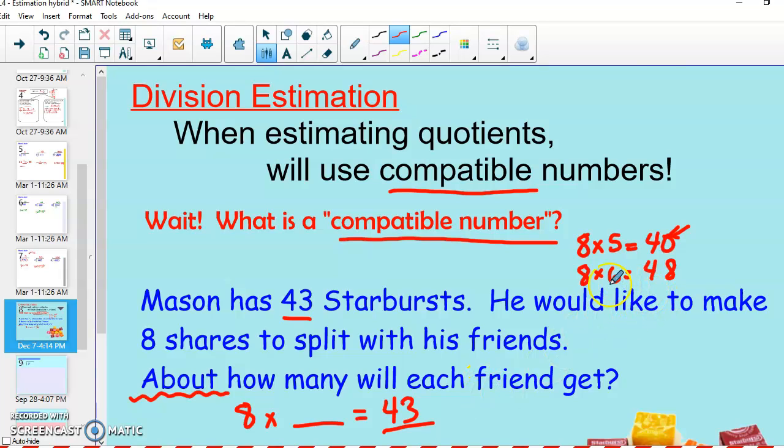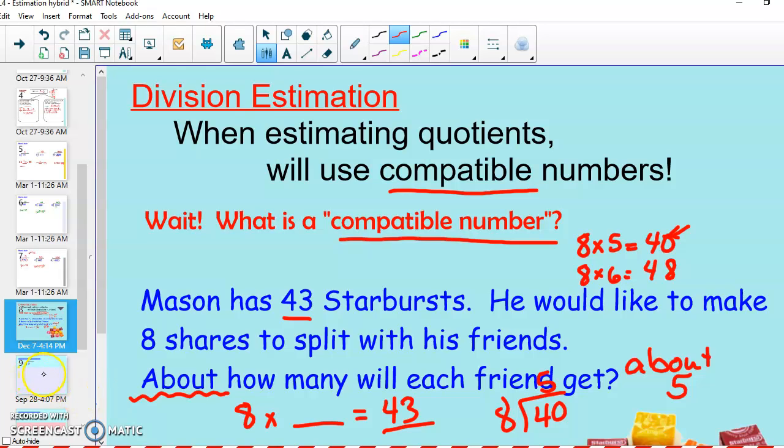And I also know that there's no way all of my friends could get 6 starbursts because I don't have enough to split that way. So what I would say is that each friend will get about 5 starbursts because 40 divided by 8 equals 5.